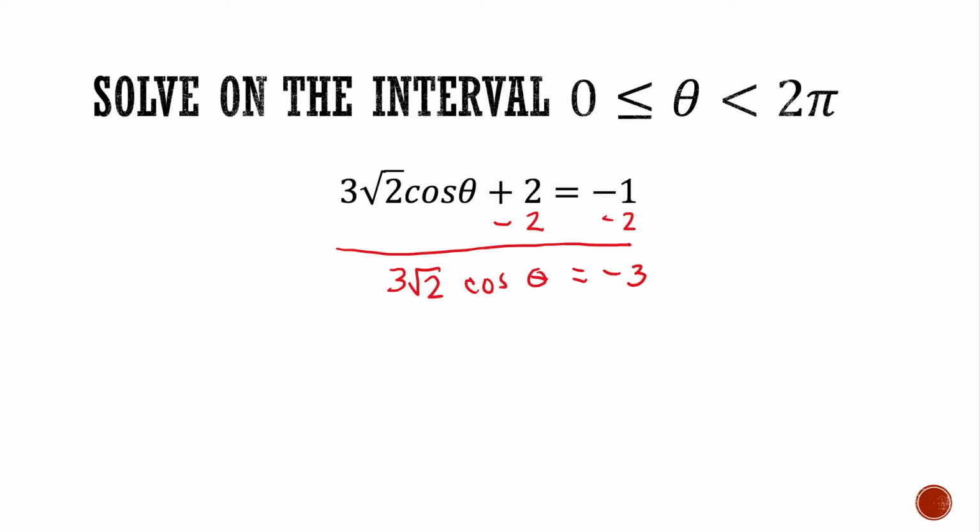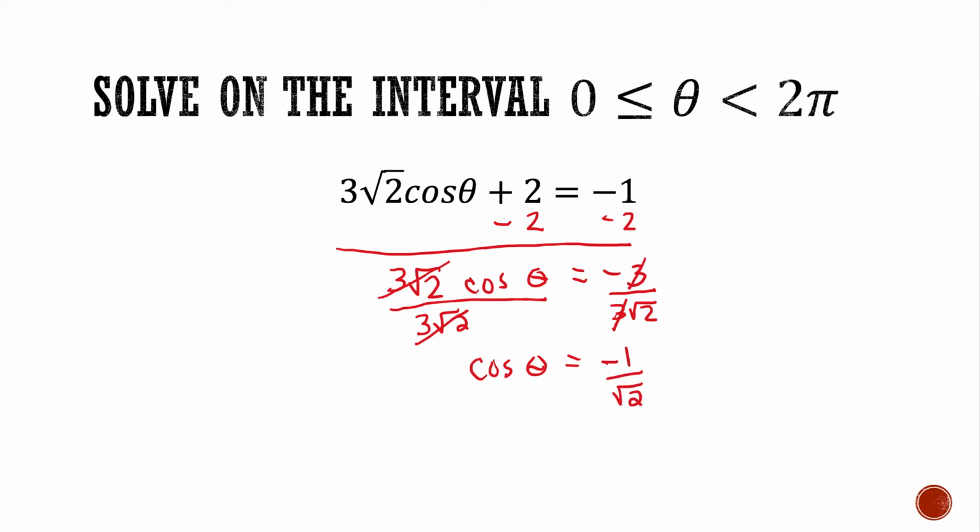And then trying to get the cosine by itself, I would need to divide both sides by 3 on the square root of 2. Right, that would cause it to cancel over here. And then the 3's would also cancel on this side, leaving me -1 over the square root of 2.